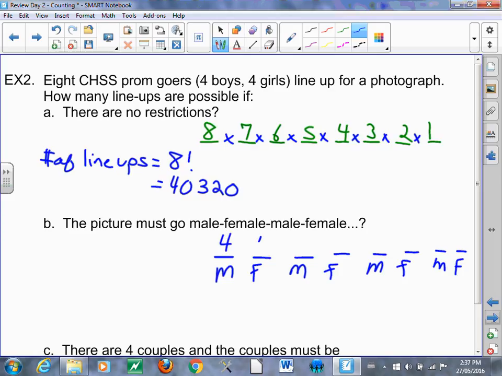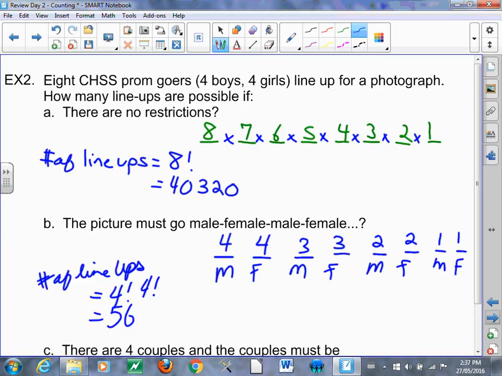There are 4, and then one of those has to be there, so the next is 3, then 2, then 1. Again, these are all multiplied. So the number of lineups is equal to 4 factorial times 4 factorial, which equals 576 ways.